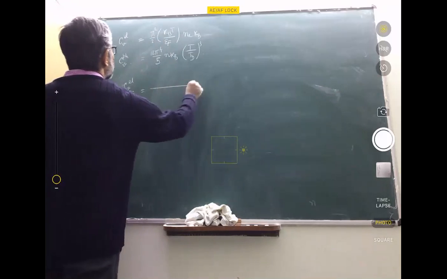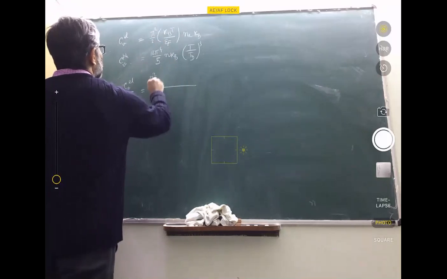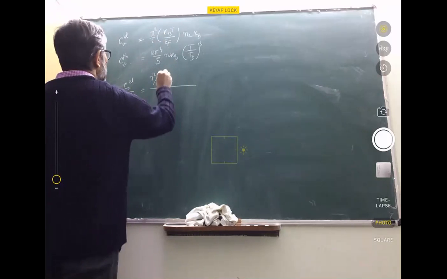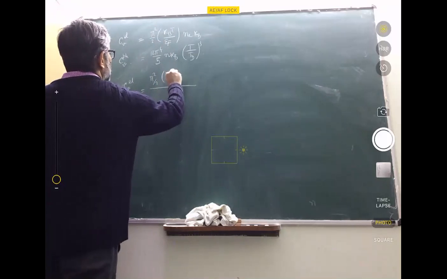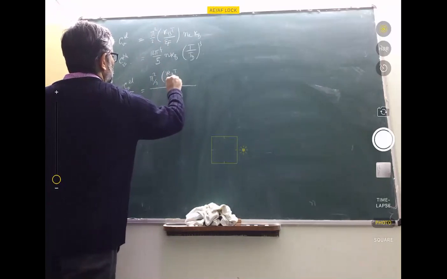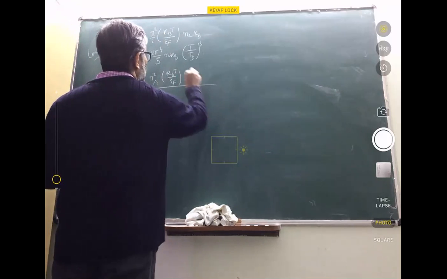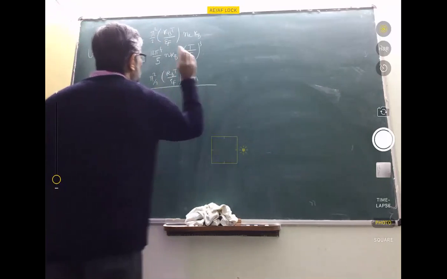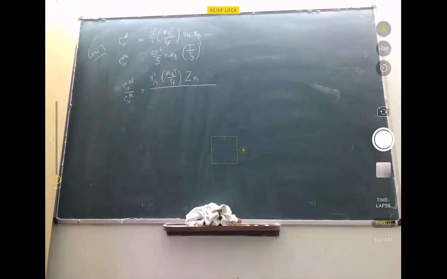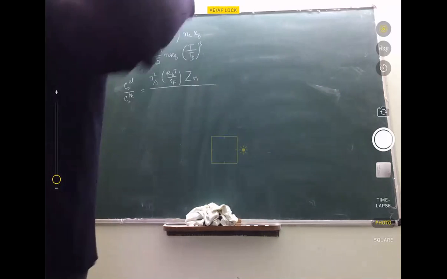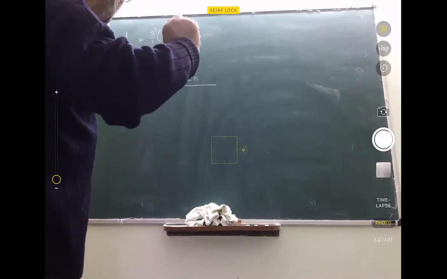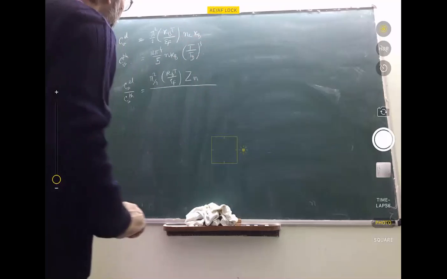Let me write this. So we are taking a simple situation where we have, let's say, a monatomic lattice, and each atom has Z valence electrons.